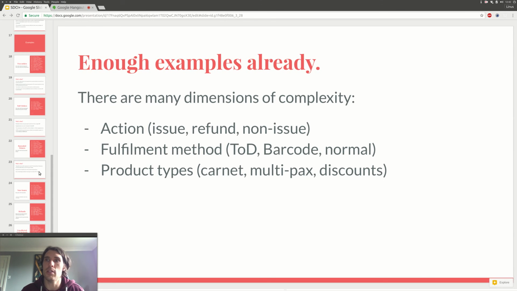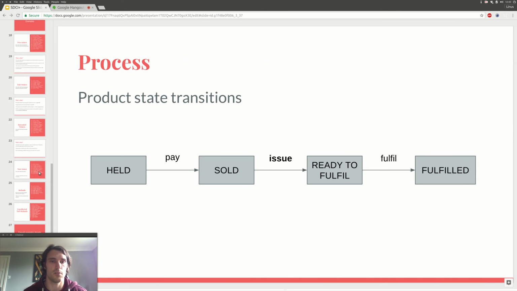So before you categorize it all like this into a hierarchy, it is actually quite a mess, because you can have, for example, a multi-passenger TOD ticket that you're refunding, and you just get different combinations of complexity. But it's better when you can lay it all out like that.